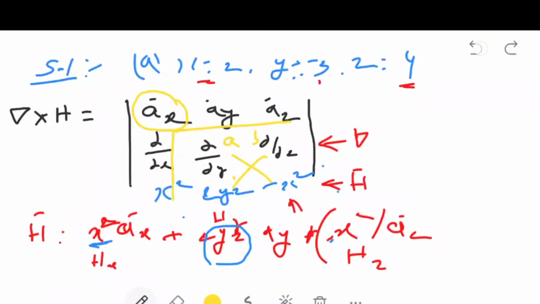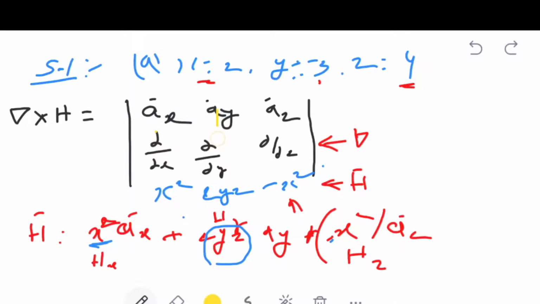Now we are doing the determinant form. After that what we have to do? First we have to write ax into this cross product, ad minus bc, minus.